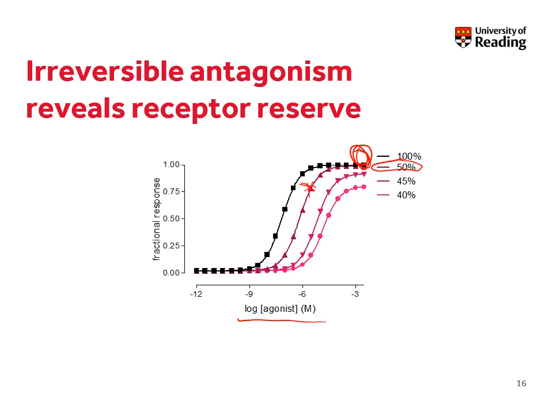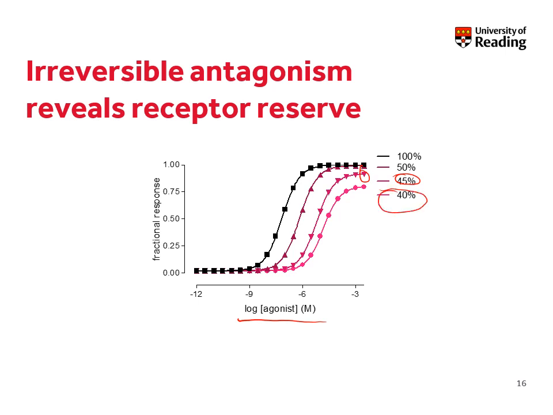So that means that the agonist we're using can evoke a maximal response with only 50% of the total receptors in the tissue available. If you start to increase the concentration of the irreversible antagonist, and now only 45% of the receptors are available, then you start to see a decrease in that maximum response.